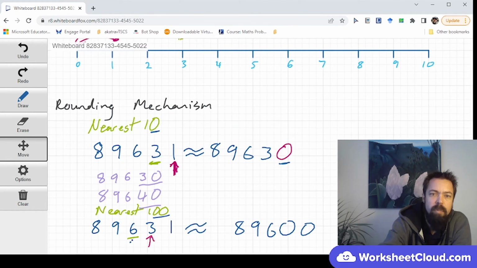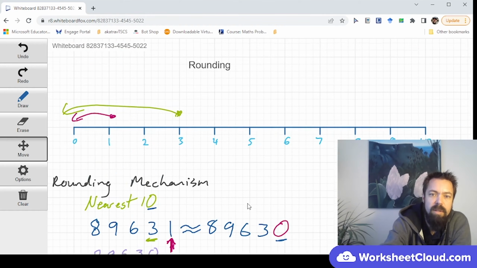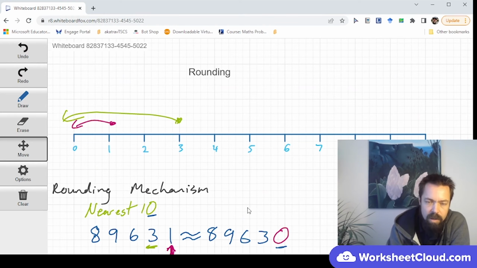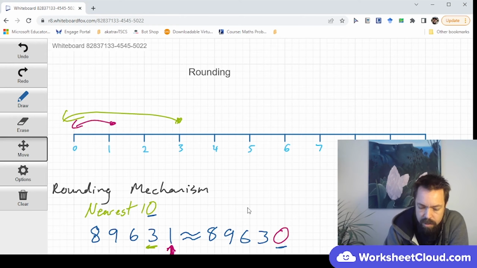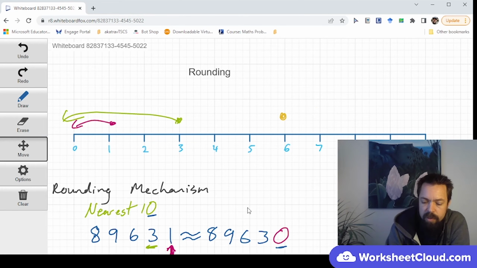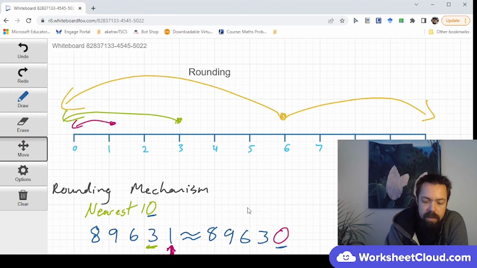So let's have a look back at our number line, I think probably for the last time. We want to know if 6 is closer to going forward or closer to going back. And I hope you can see that the jump forward is going to be easier than the jump back.